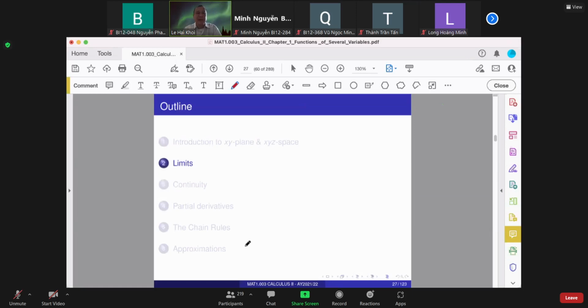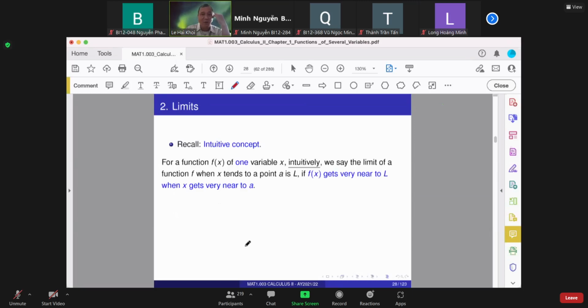Now we move to the next part, limit. Talking about limit, remember intuitively, you have a concept of limit for a function of one variable. When we talk about the limit of a function f as x tends to a is L, what does it mean?